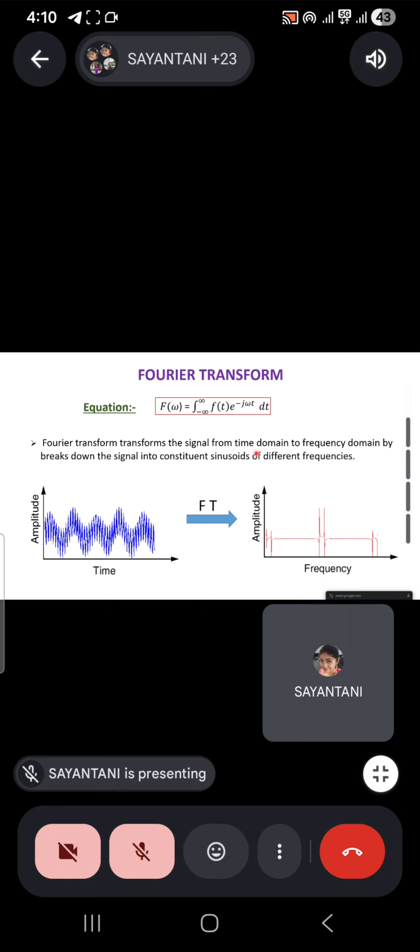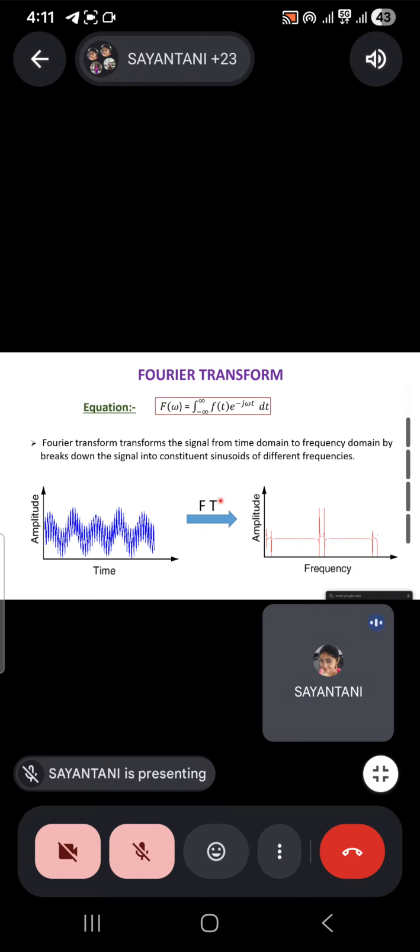Okay. So suppose I have a time domain signal, which is mainly an EEG signal. So what we get as an output of the EEG signal is amplitude versus time, right? And what we are trying to do is capture the frequencies hidden within this time domain signal. So that can be done by utilizing Fourier transform.